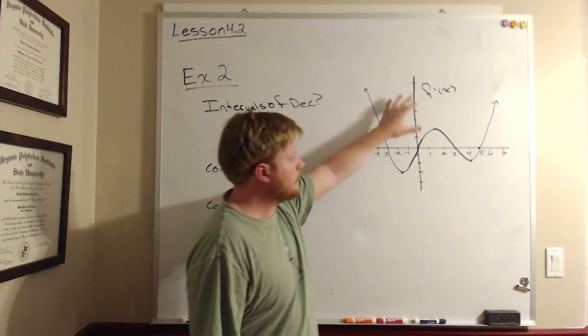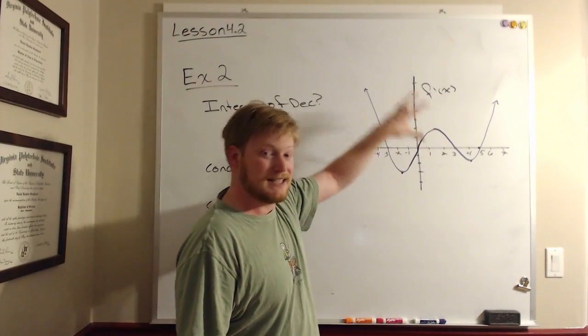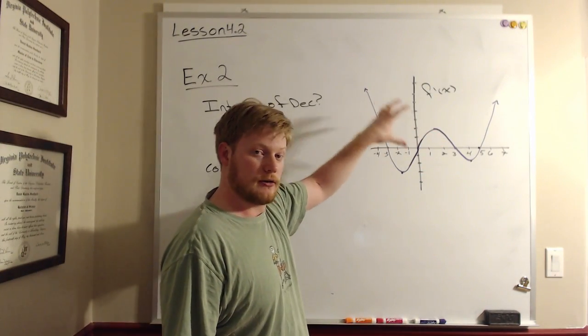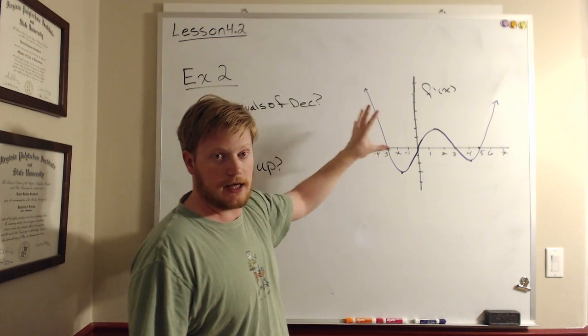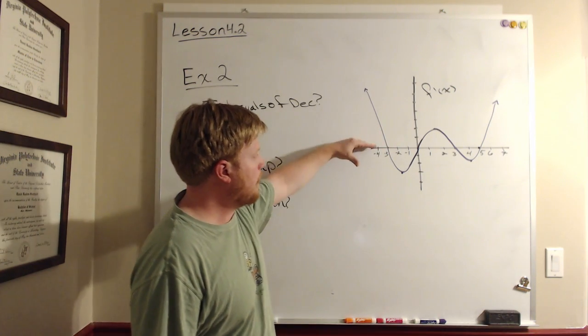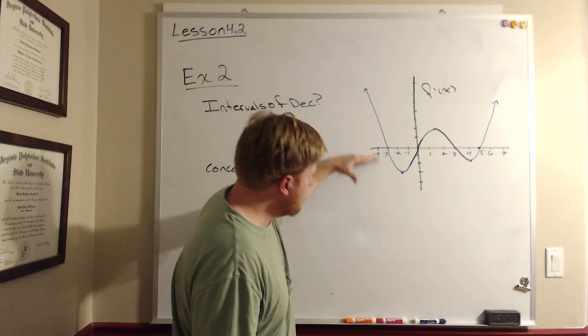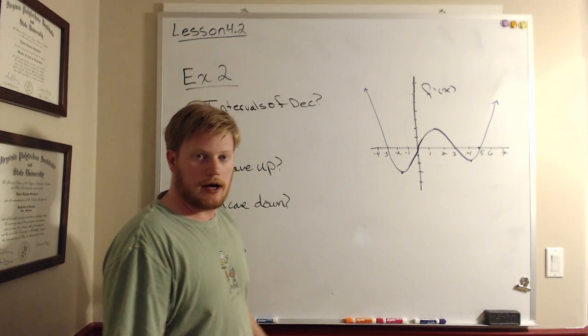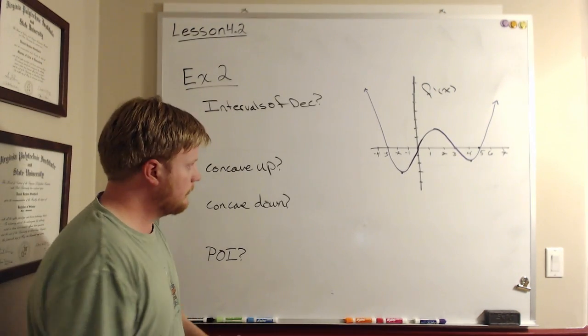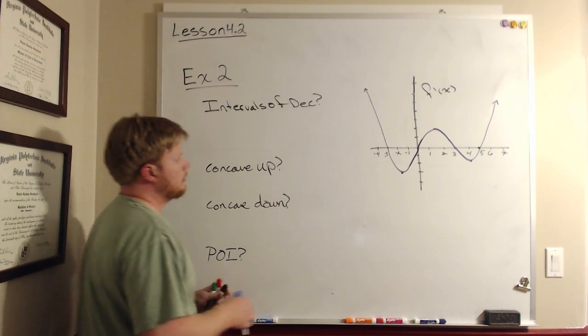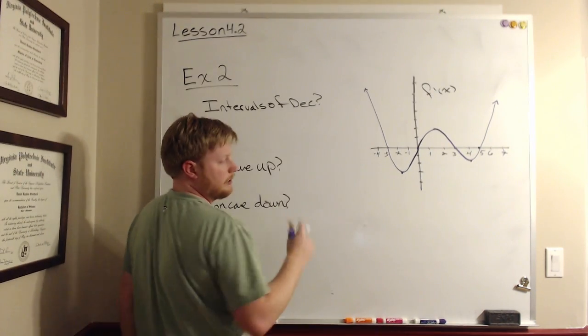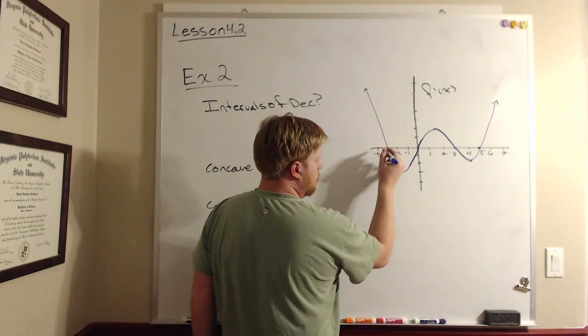So remember, if this is the first derivative, it's telling us about the intervals of increase and decrease, right? That's that first derivative test. So positive values of f prime, intervals of increase. Negative values of f prime, intervals of decrease. Okay? So intervals of decrease, I'm looking for negative values of f prime.